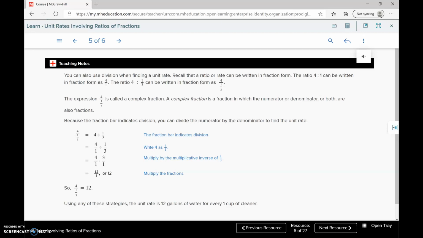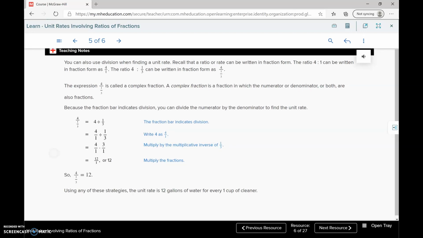Hey, what do we do when we're dividing by fractions? We multiply by the inverse, or the reciprocal. So the reciprocal of 1/3 is 3 over 1. So 4 times 3 over 1 times 1 is 12 over 1, or 12.